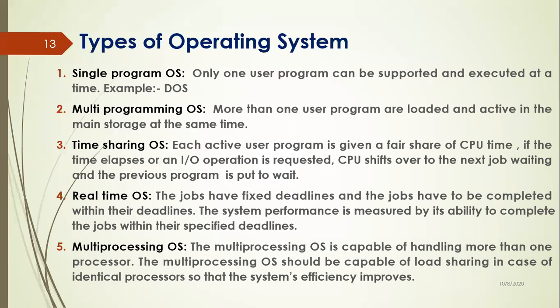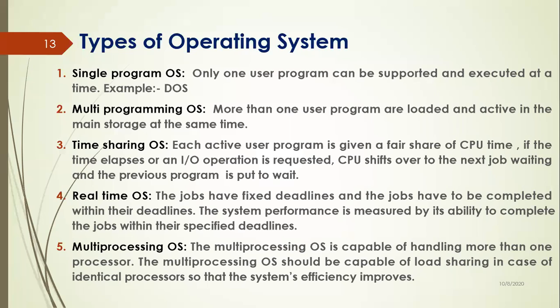Time sharing. Here time sharing means CPU time sharing. Suppose multiple processes or programs are running simultaneously, then they can share the time of the CPU. For example, suppose the CPU's time is 30 seconds. A computer or operating system actually works in microseconds, but here I'm giving an example, that's why I said 30 seconds. Now three processes are to be executed on this system.